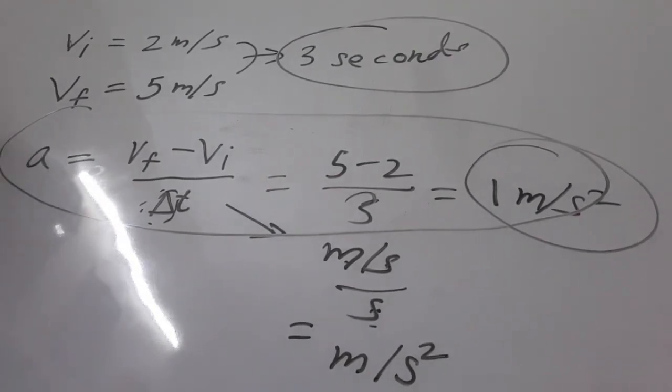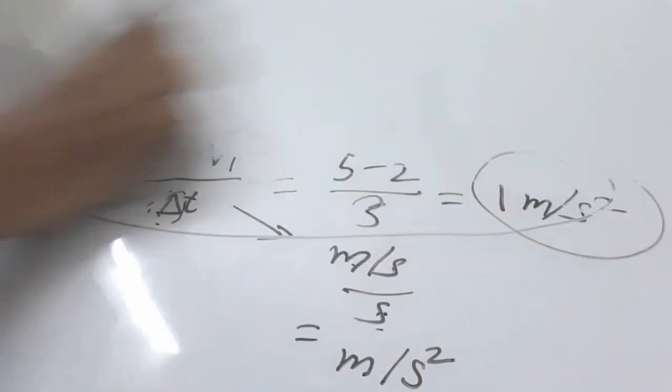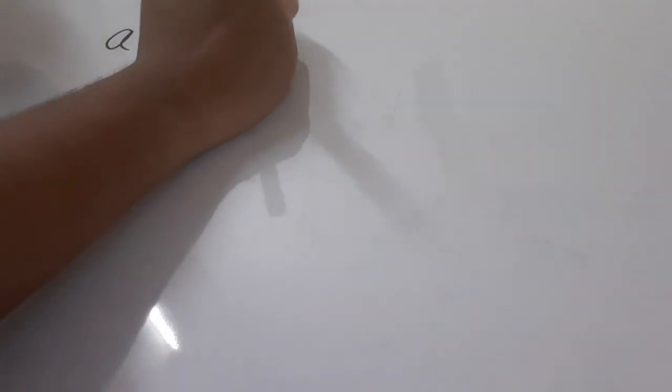So let me change my marker. Oh my god, this marker is not working. New marker. Let's go. So acceleration is equal to delta V upon delta t.